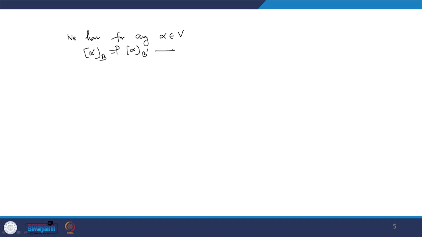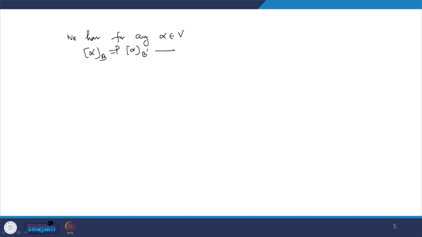If you recall this relation, the coordinate matrix of alpha with respect to ordered basis B equals some non-singular, invertible matrix P times the coordinate matrix of alpha with respect to B prime.